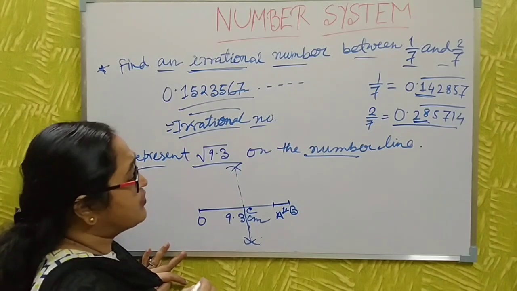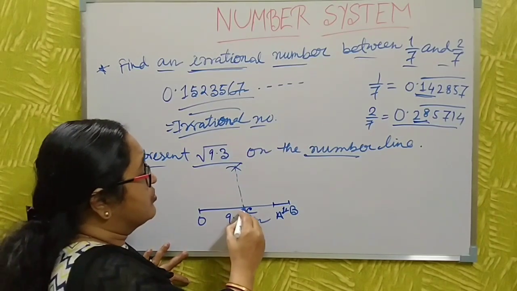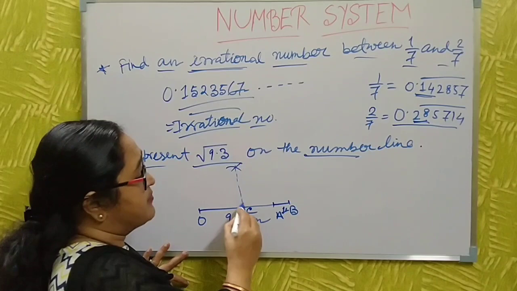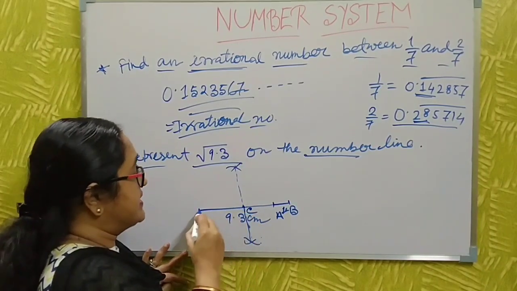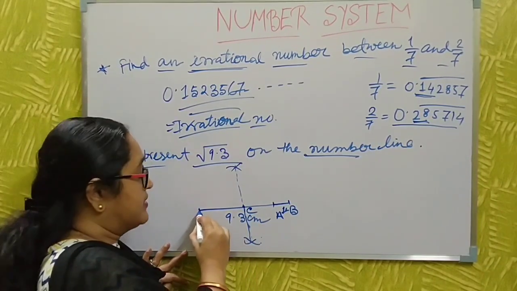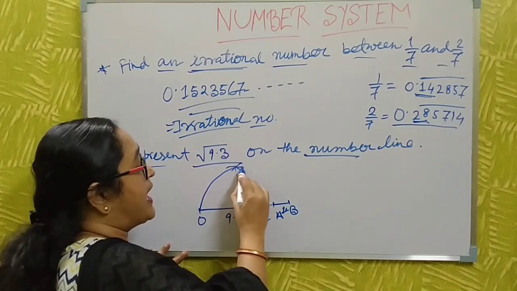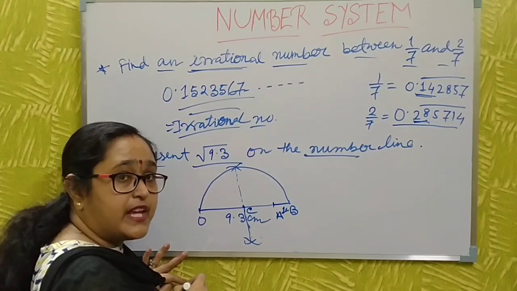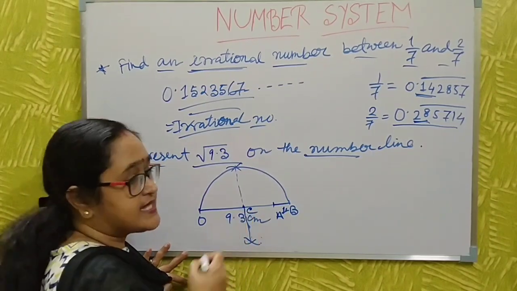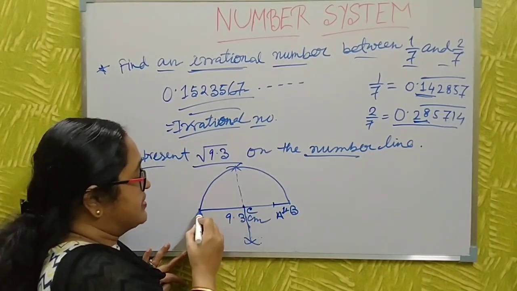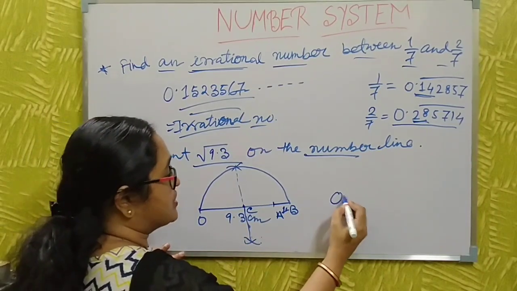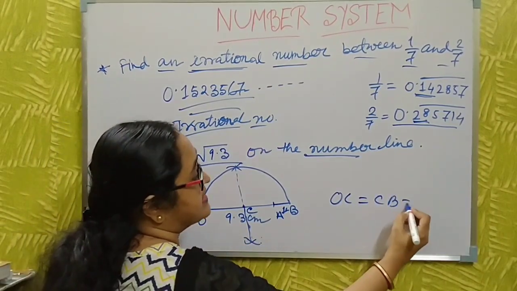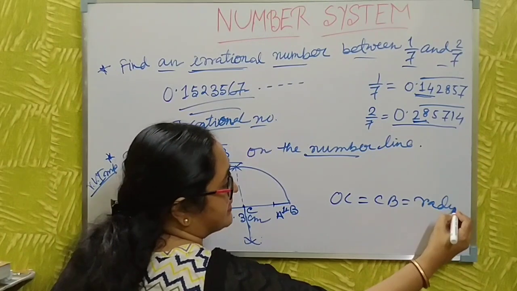C. Okay. Now you take the compass and put it here and take the radius here. Then you draw a half circle with the compass. This is the center, and OC and CB is the radius you take.